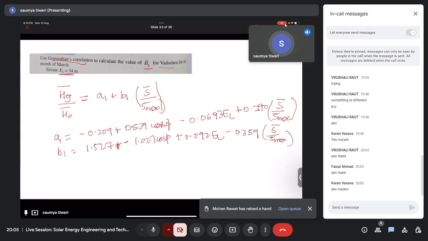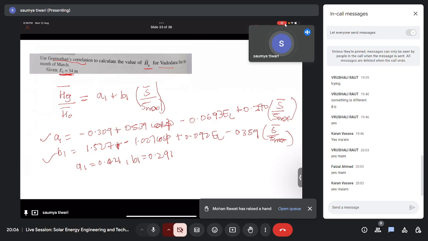So you know S bar upon S max bar, you know phi, and in the question the elevation angle is also given. So you can calculate the values of A1 and B1. A1 will come around 0.421, and B1 will come around 0.291.